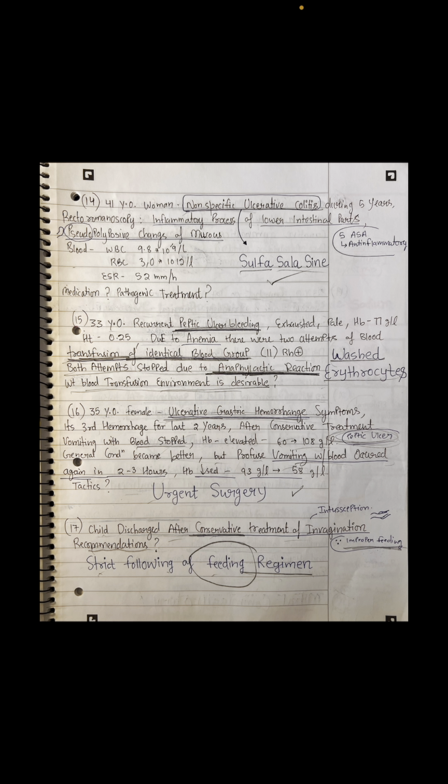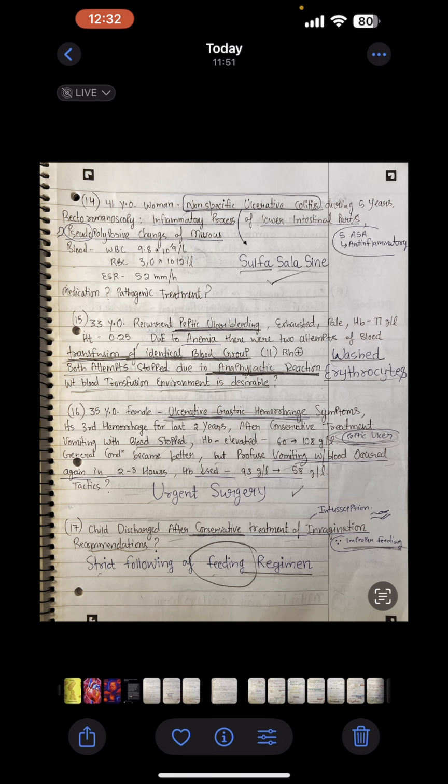So if we follow the feeding regimen properly, there are chances that the invagination is going to get relieved a bit. But in the cases of invagination, most of the time you have to go for the surgery whenever the question or the patient is complicated.